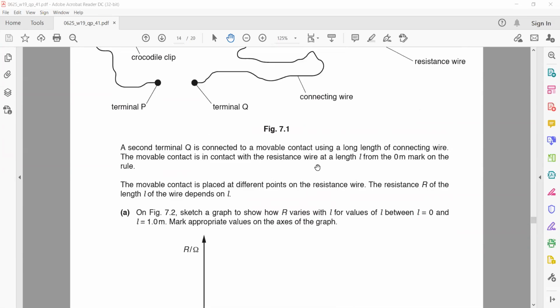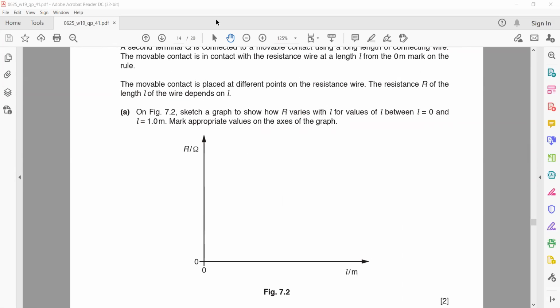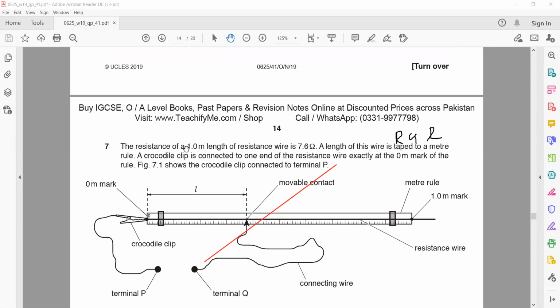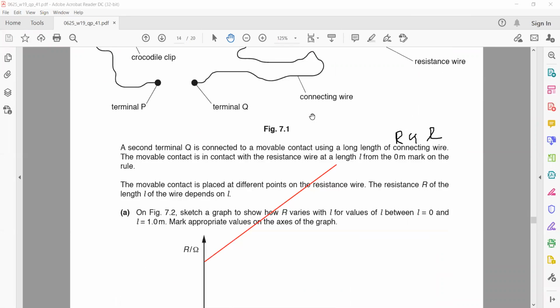So as we know, resistance and length are directly proportional to each other. When two quantities are directly proportional, there should be a straight line passing through the origin. But we have to label the axes as well. First, the graph should be a straight line, and in the question they mention that if the wire has a length of 1 meter, it has a resistance of 7.6.